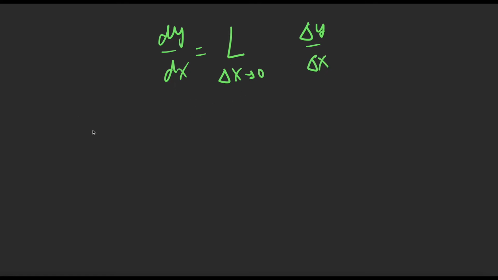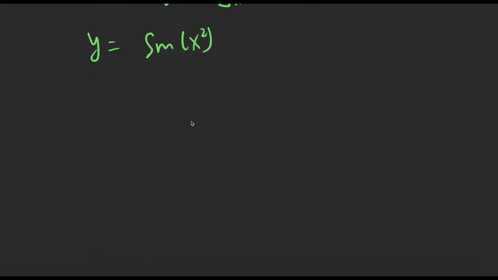Okay, so now over here we have y is equal to sine of x square. So we can write dy by dx is equal to limit as h tends to 0, where h is delta x. So that's basically going to be, let's say y is equal to f of x.